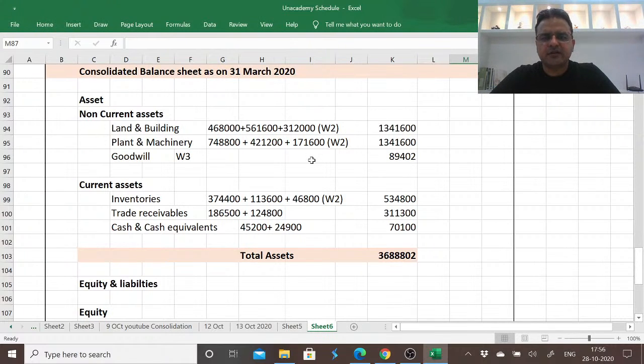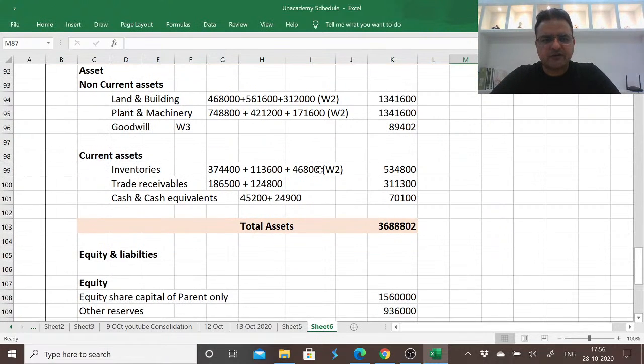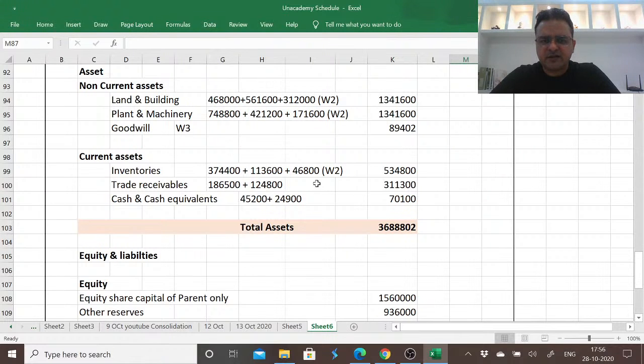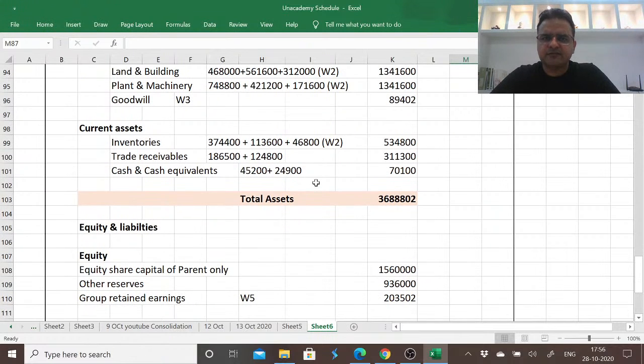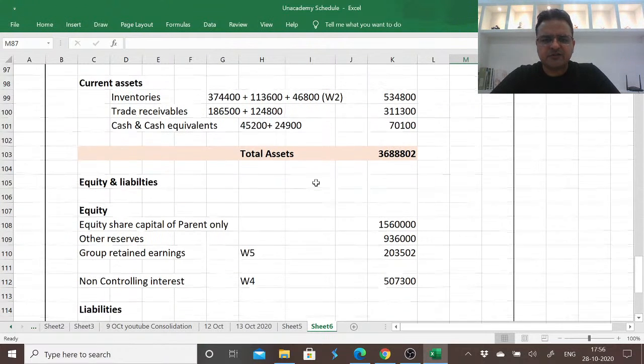Plant and machinery, increase in plant and machinery on the date of balance sheet position will be included. Goodwill we calculated through working note number 3. Inventories we added the increase. Trade receivables were the same. There was the balance related to parent and subsidiary that we added up. There was no increase. Cash and cash equivalent same position.